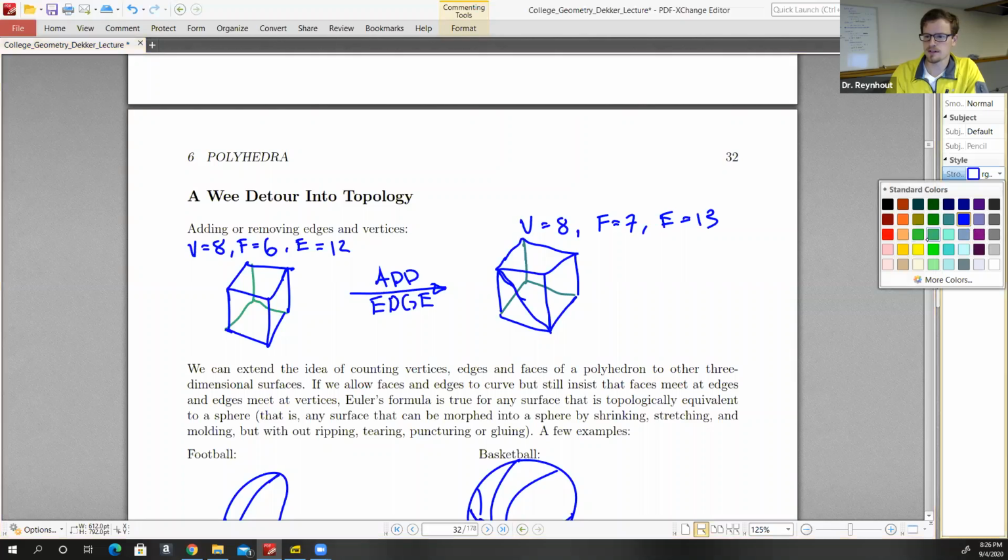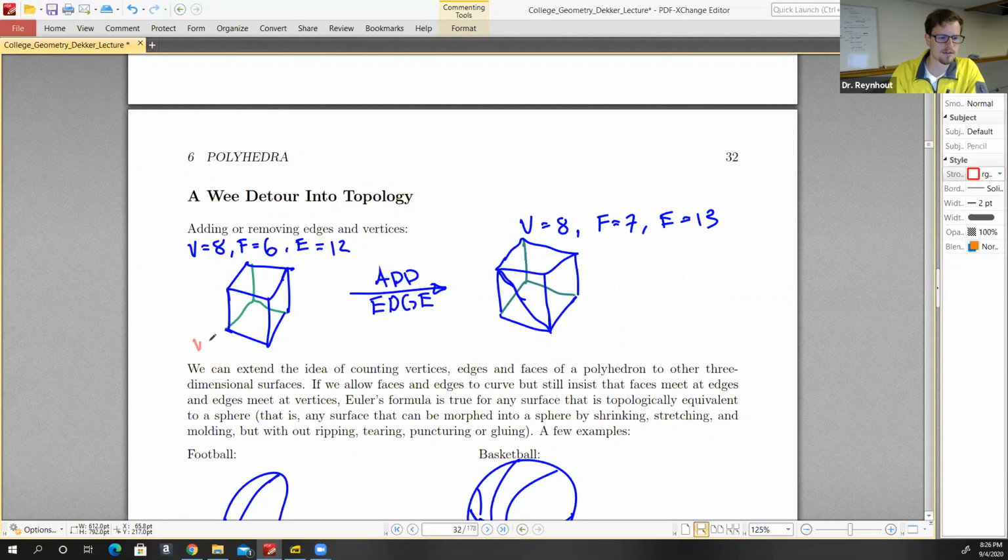Now notice that in both cases, V minus E plus F: 8 minus 12, that's a bit different there. 8 minus 12 would be a -4, plus 6 is equal to a positive 2. Excellent, that's what we expected.